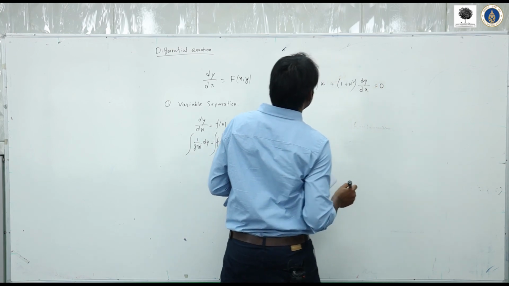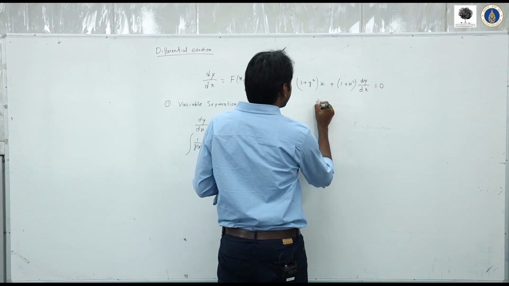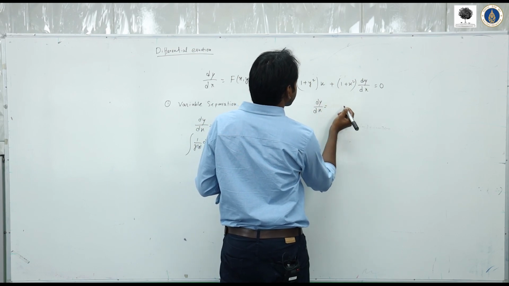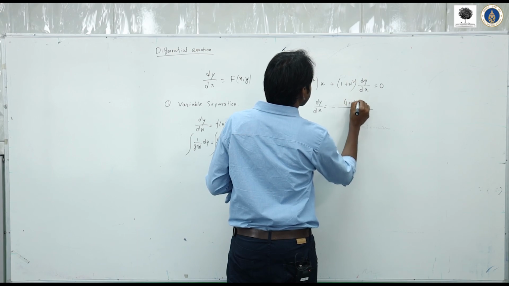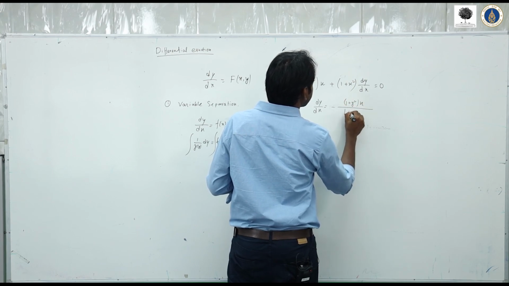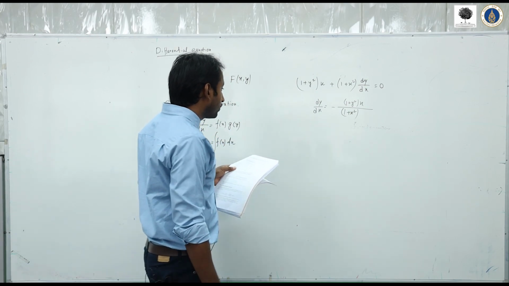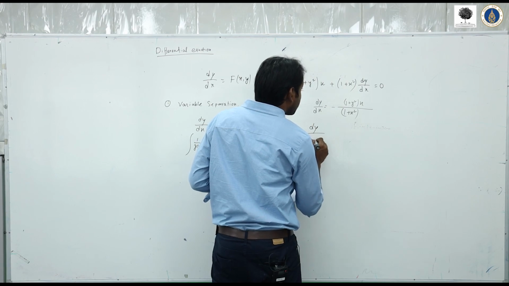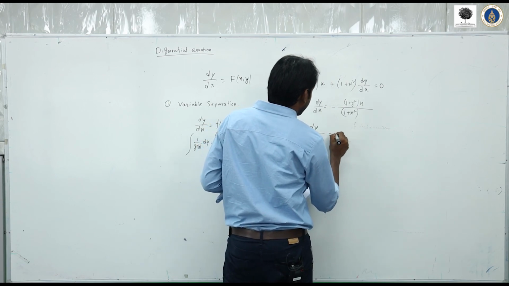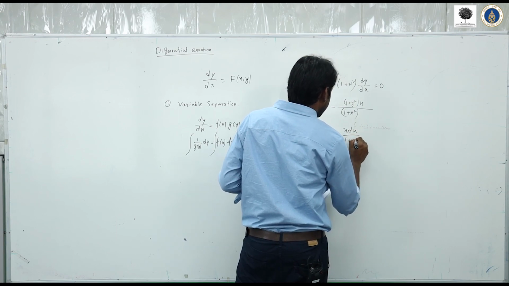So, as you can see, this can be written as dy by 1 plus y square equal to minus x dx by 1 plus x square.